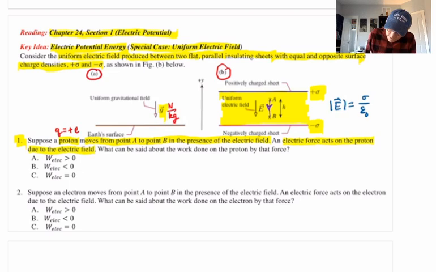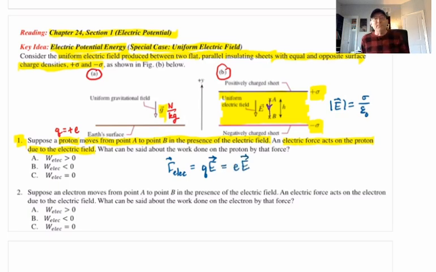Remember our old friend? If I immerse a particle of charge Q in an electrostatic field E, the force on the particle will be Q times E. And Q in this case is little e for a proton. So little e times big E. And big E is down, so F electric is down on the proton that I'm talking about.